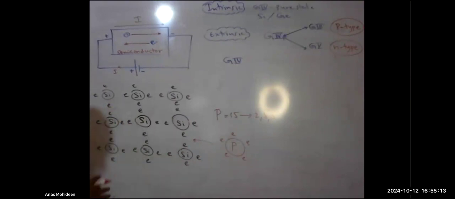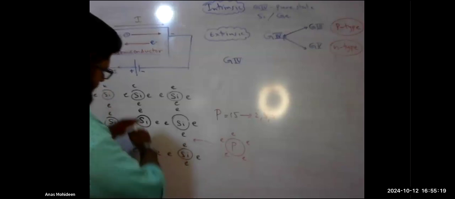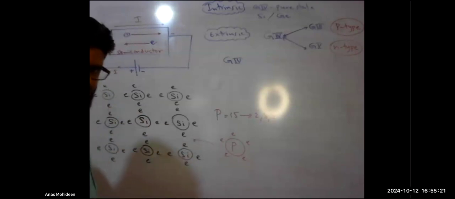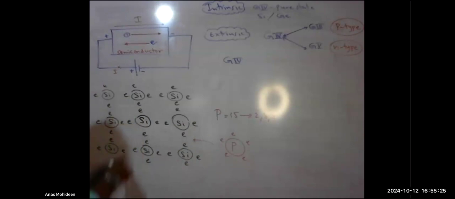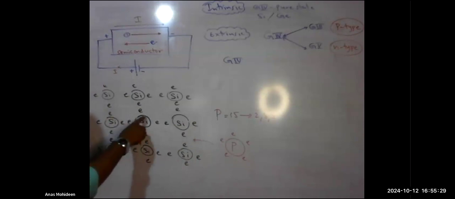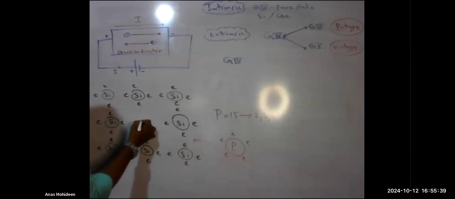Look at this property. I'm going to replace silicon, because when phosphorus comes, one place will be given for phosphorus. So let me take this silicon off, along with its electrons, 2, 3, 4. All these electrons I have taken out. Now I'm going to keep this phosphorus here.